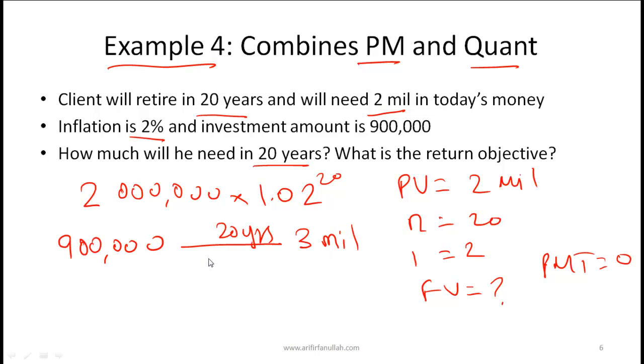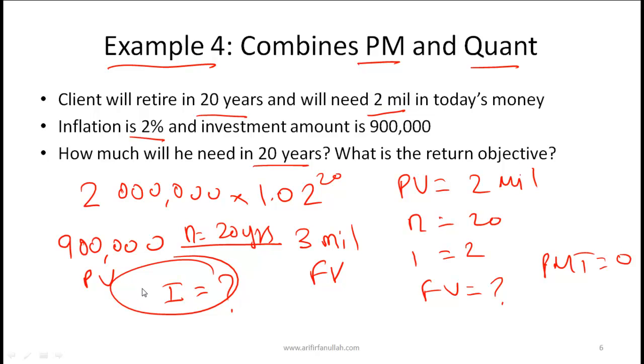So again, on the calculator, this becomes your PV, this becomes your FV, this is your N, and then you need to compute the interest rate or the return. Payments again will be 0. So you do this calculation and you should get approximately 6.2%. So in this case, we are setting an absolute return objective of 6%.